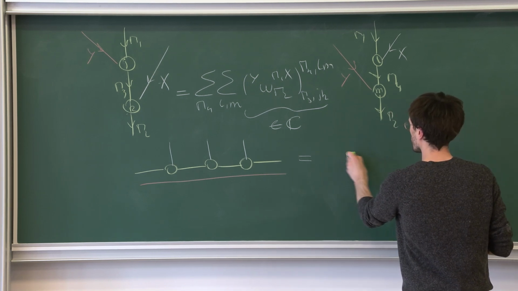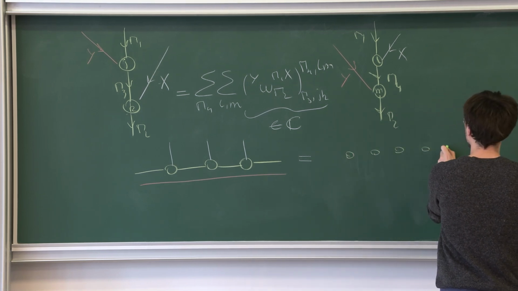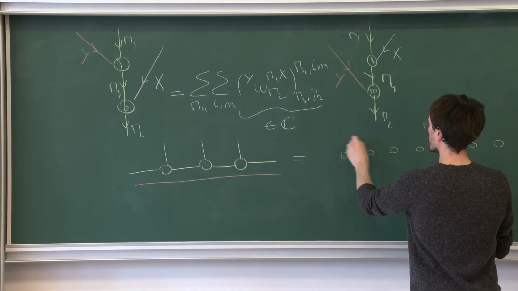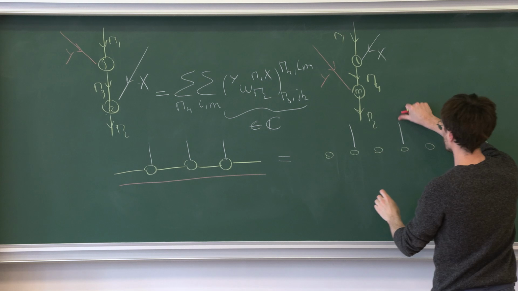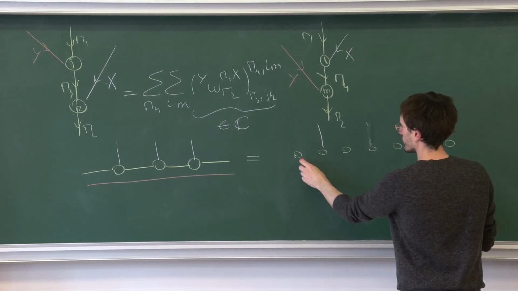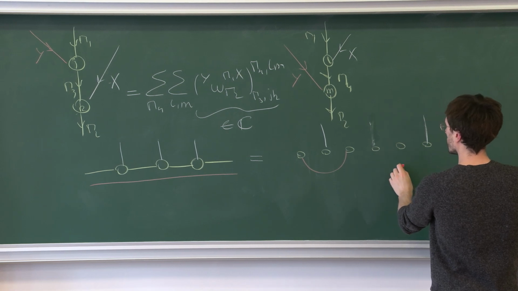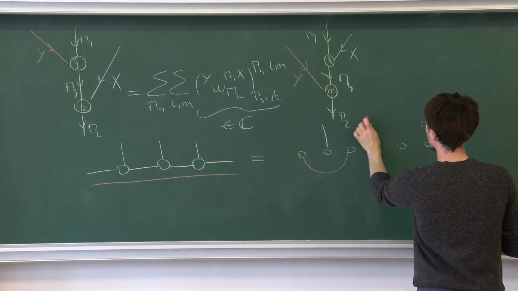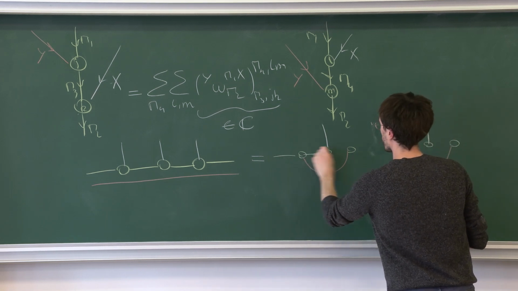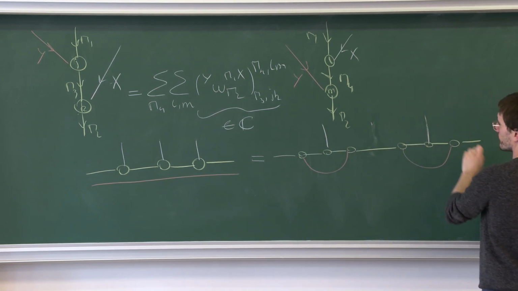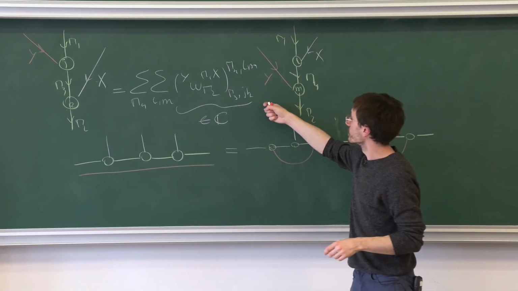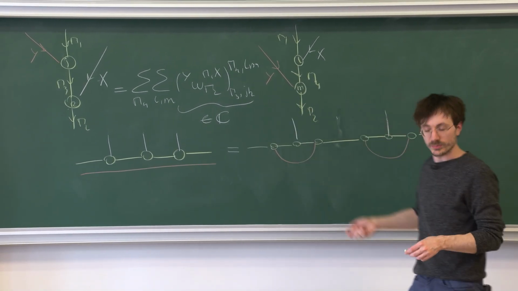Okay, so the way it looks like is something like this. And I absorb it like this. Sorry, I have one too many. Okay, so I do something like this. I do it everywhere. Then I'm going to use this operation in order to move the red line past the white line.